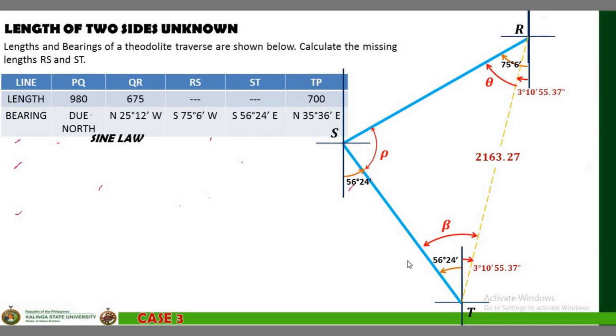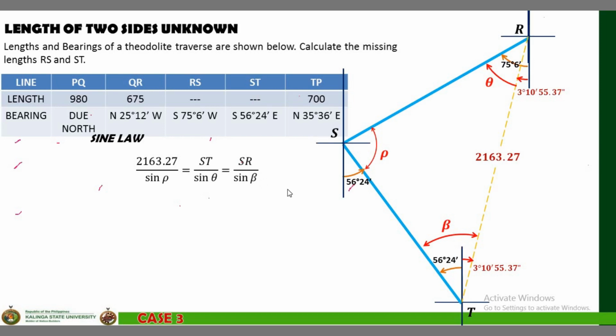Again, I'm going to use sine law. 2163.27 over the sine of rho, its opposite angle, is equal to ST over sine of theta, the opposite angle of ST, which is equal to SR over sine of beta, the opposite angle of SR. I'm going to use this sine law to get the values of the internal angles.